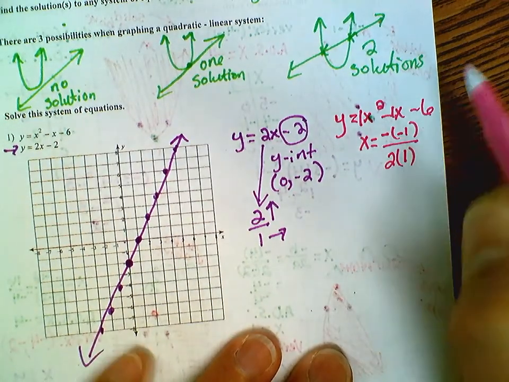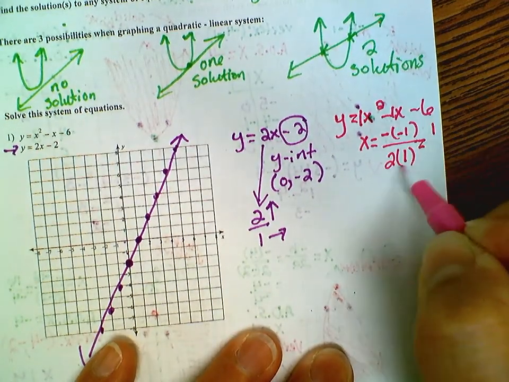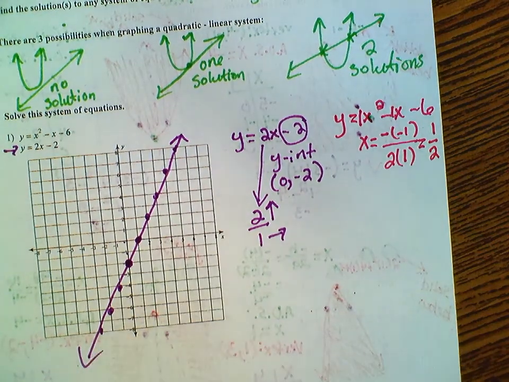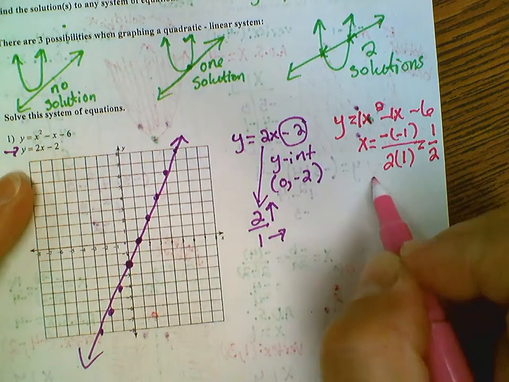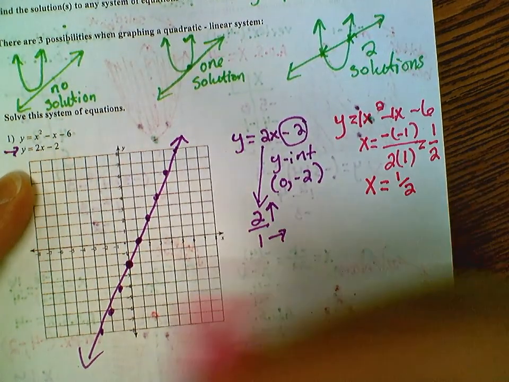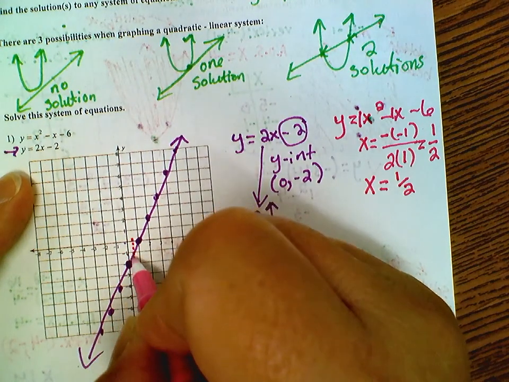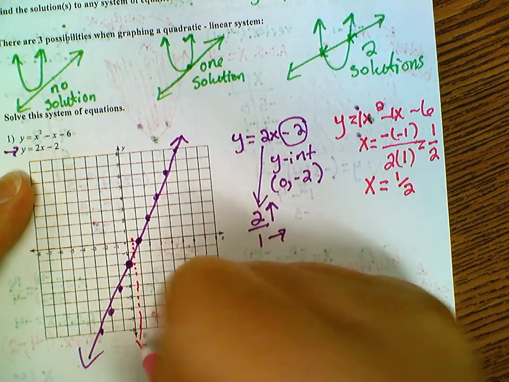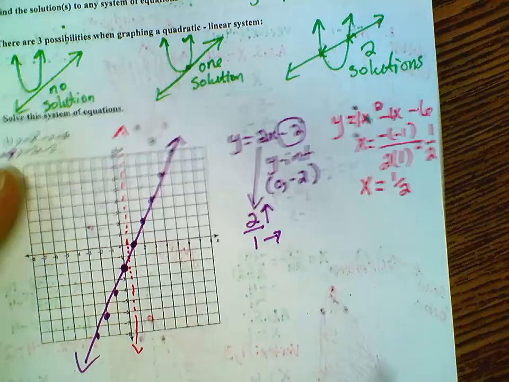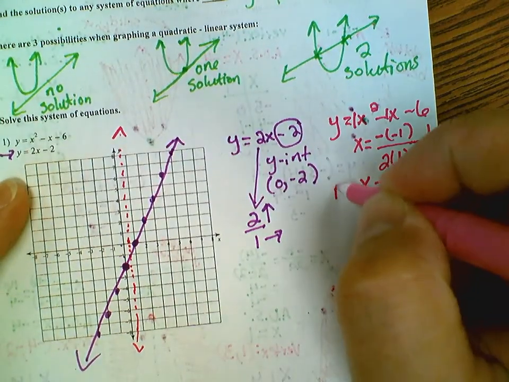So that turns to positive 1, and 2 times 1 is 2, so 1 over 2. So my axis of symmetry is x equals 1/2. I'm going to go to the middle here between 0 and 1, and I'm going to draw my axis of symmetry.